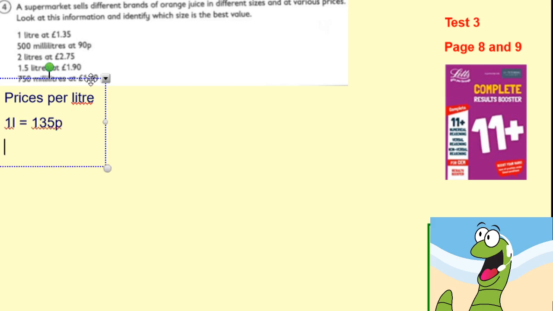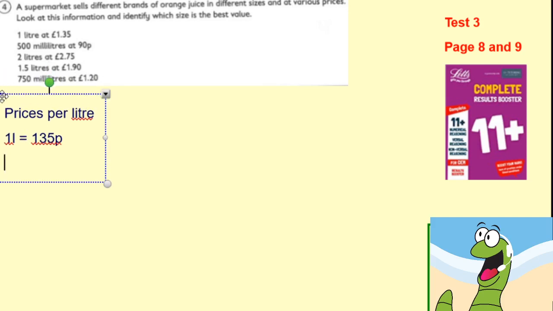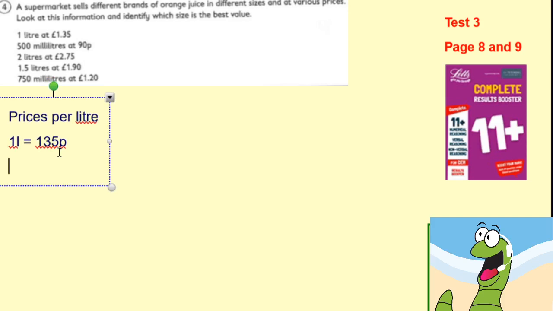Then 500 millilitres, which is half a litre. So if we did it per litre, it's 180 pence.